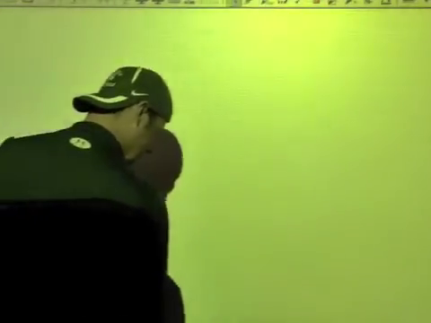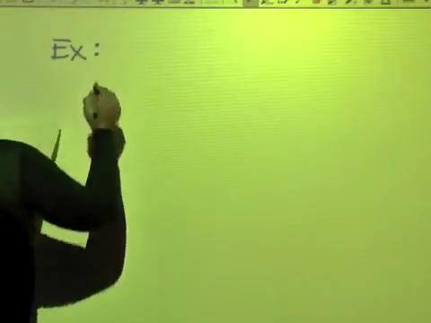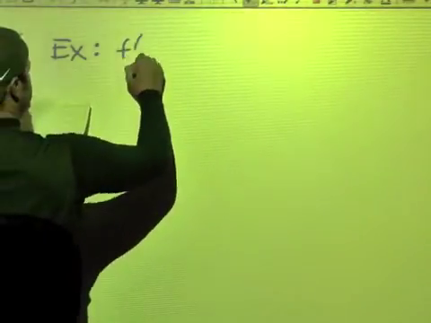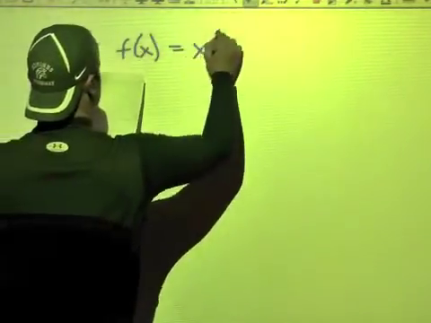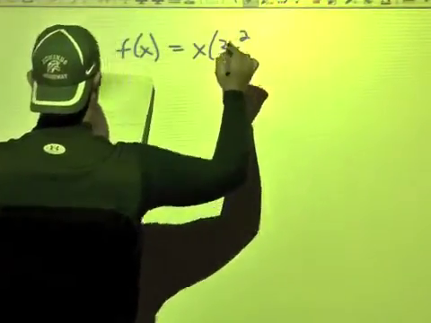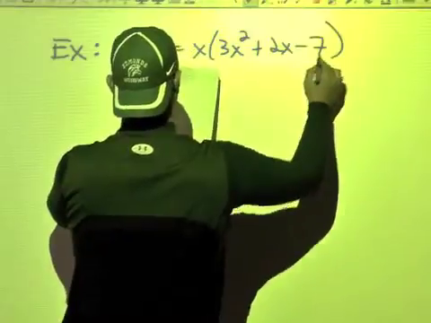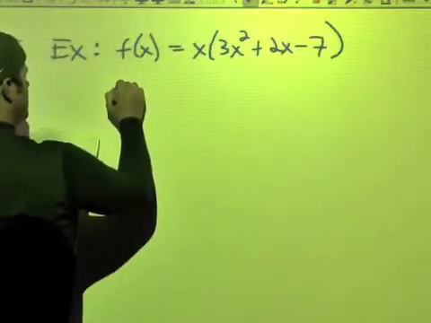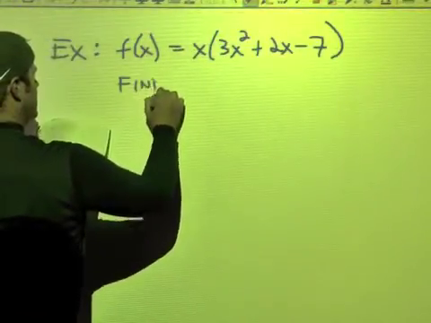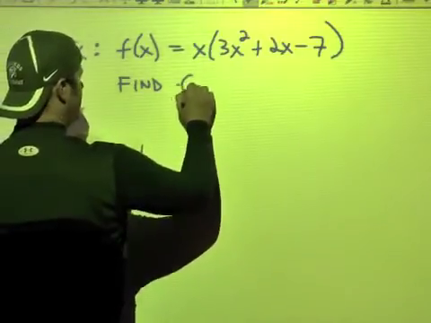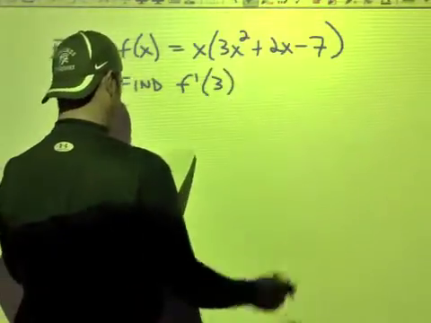All right, now you guys do this example. Here's the function. What I want you to do is to find f prime at 3.